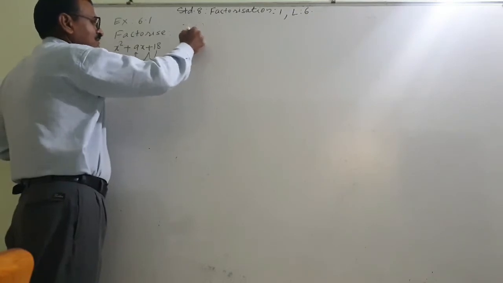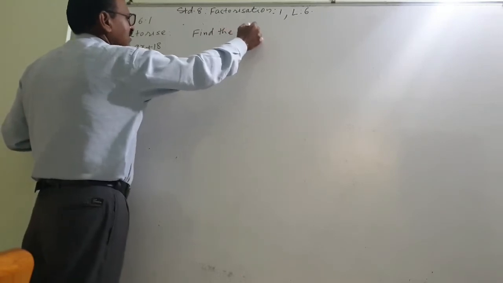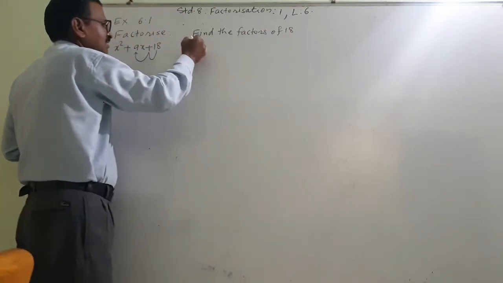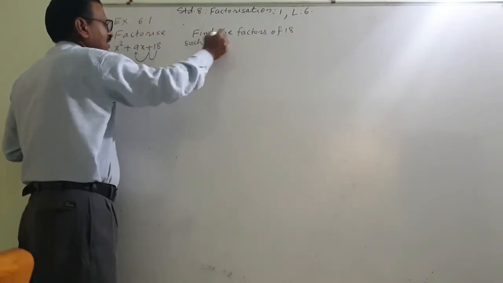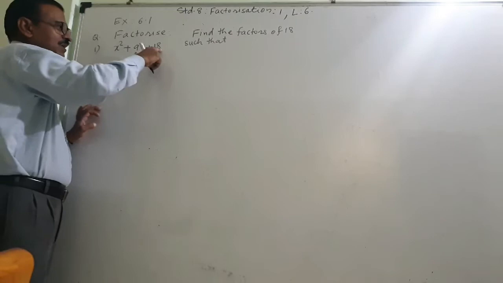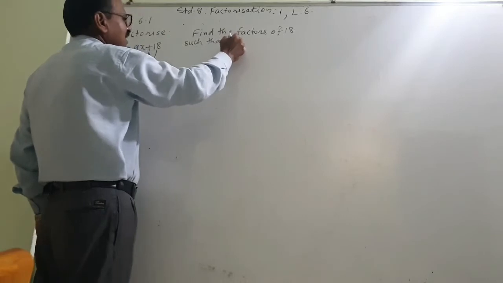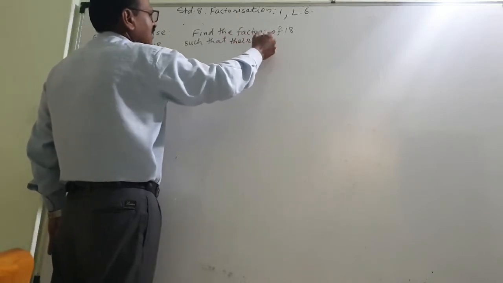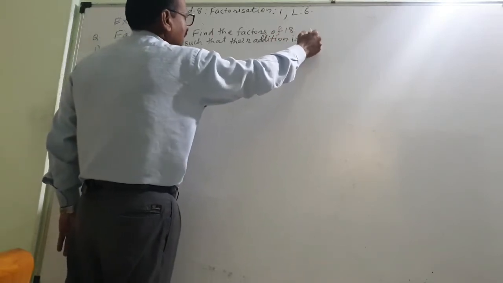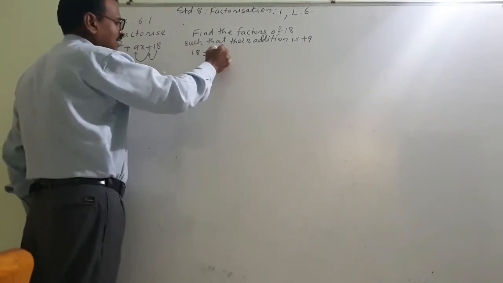I am writing it for the beginning: find the factors of 18 such that their addition is plus 9.